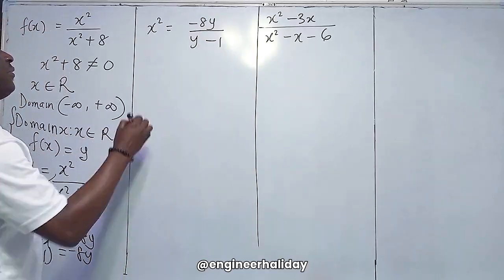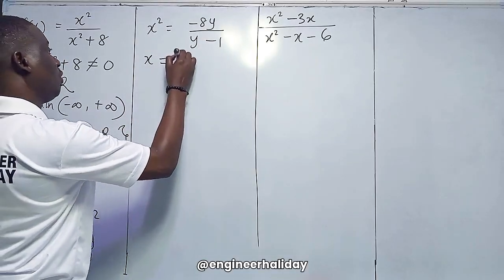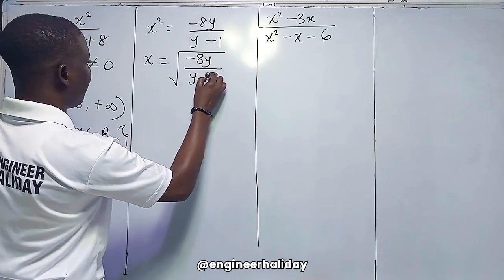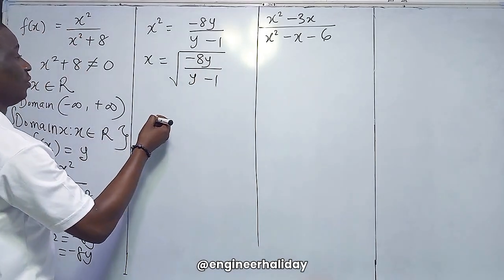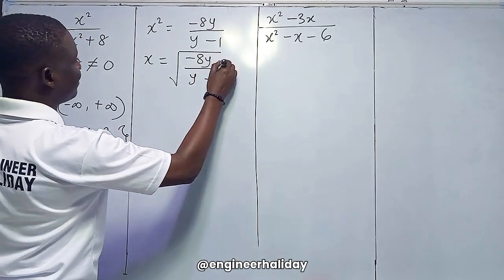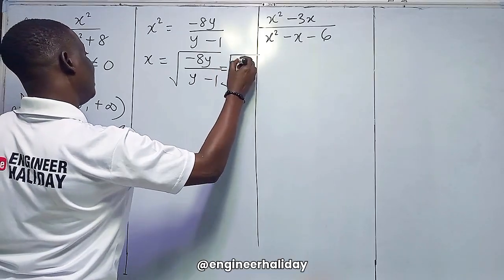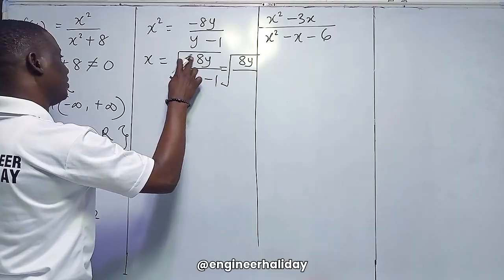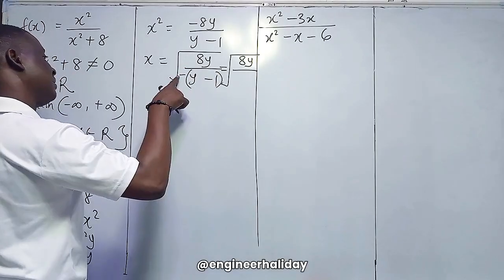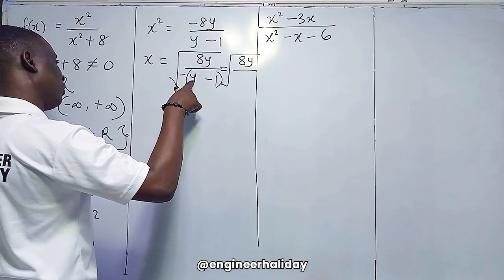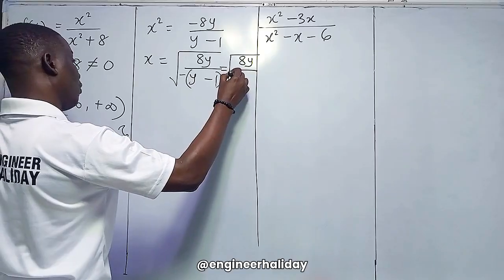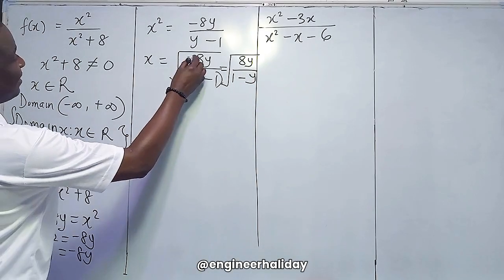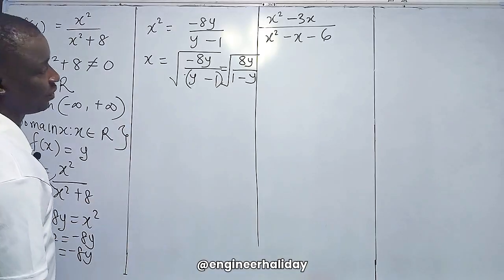Therefore, x is equal to the square root of minus 8y over y minus 1, which can also be written as the square root of 8y over 1 minus y. Because if I bring this minus down, minus times y is minus y, and minus times minus is plus 1, so 1 minus y. Same thing. So either write it like this or like this, it is correct.